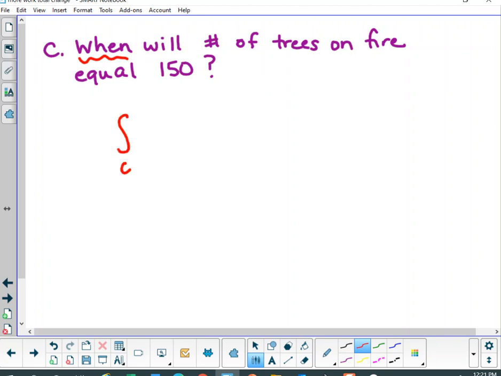In a when question, we're going to set up an integral to calculate change, but I don't know when the change is going to stop. I'm going to start from 0 to some unknown x time.